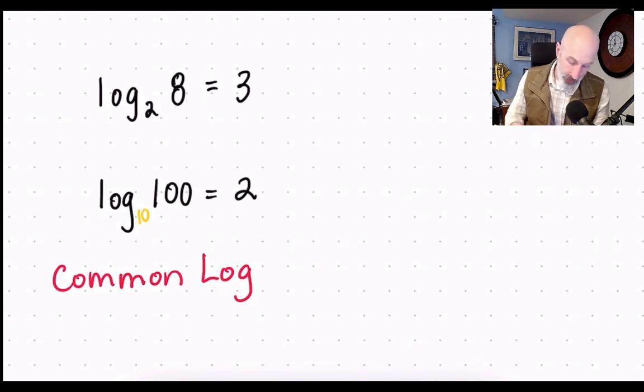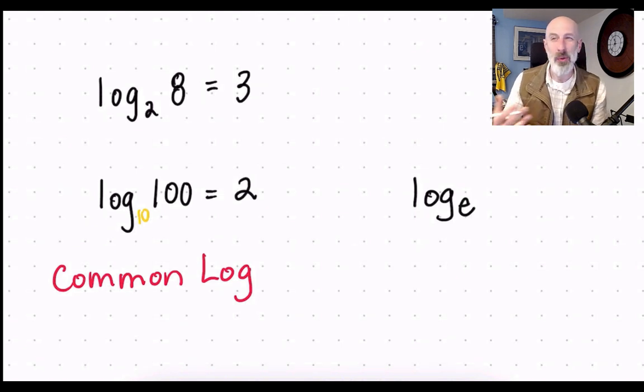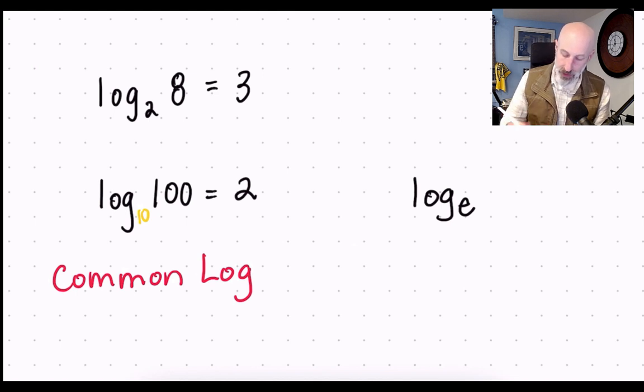The other one happens when we have a log base e. So if I were to write log base e, the value doesn't matter. We know e is like a tricky number to wrap our heads around, so I'm just going to put 20. We wouldn't write it as log base e.